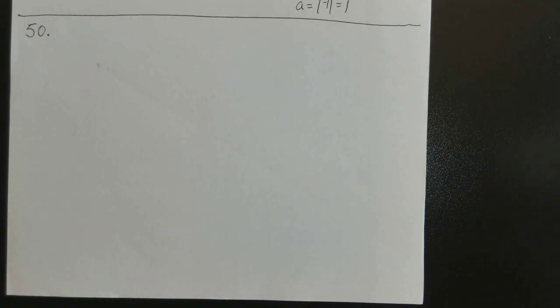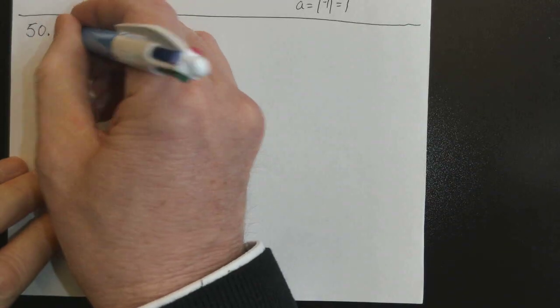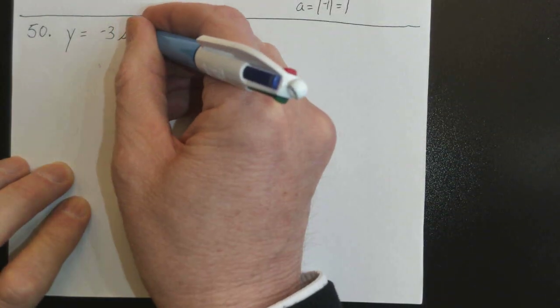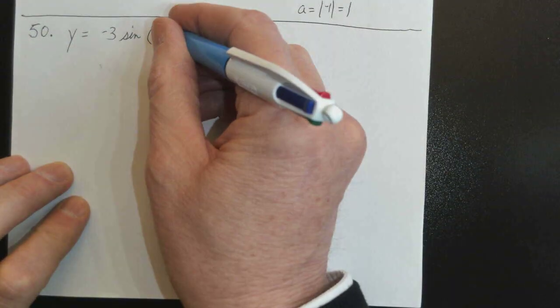Okay, so this is page 464, number 50, and y equals -3 times the sine of 6x plus pi.